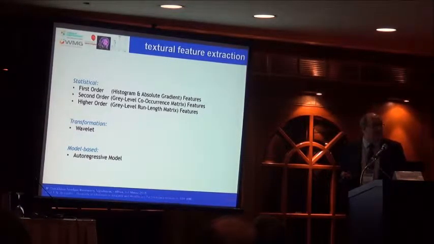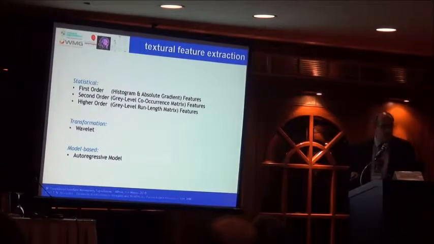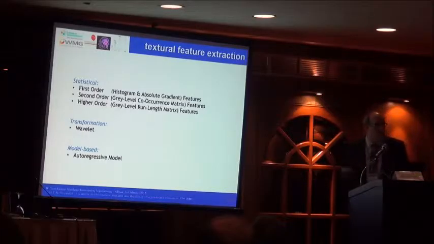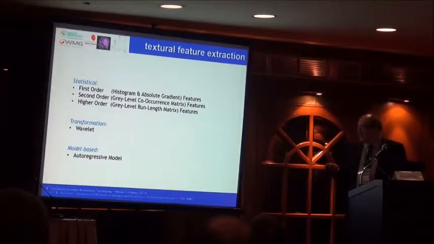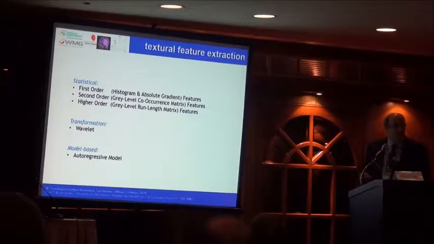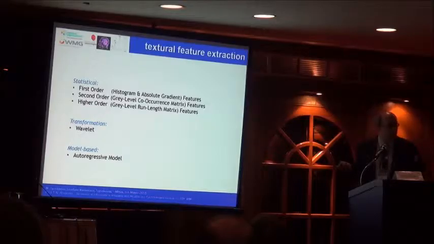More complex mathematical approaches that are based on a wavelet transformation, and we use properties of wavelets to understand in different spaces what this might mean. And of course, we might use statistical models or model-based approaches like autoregressive models to be able to identify useful features.